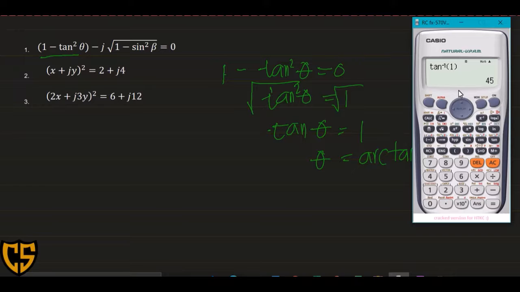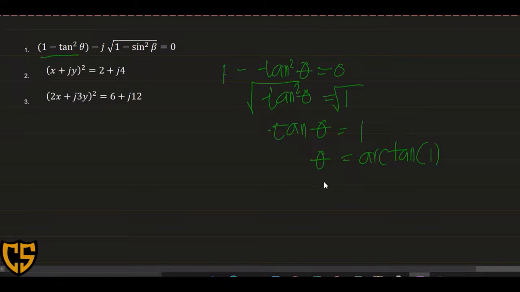Your arctan of 1 is 45 degrees. So we have the value of our theta is equal to 45 degrees. This will then be our final answer.